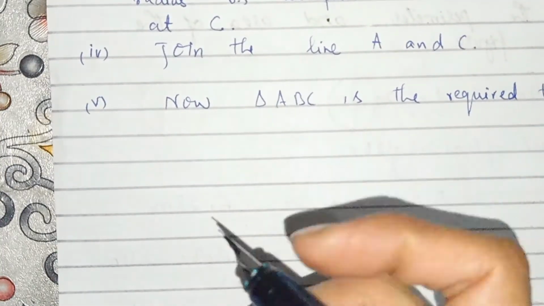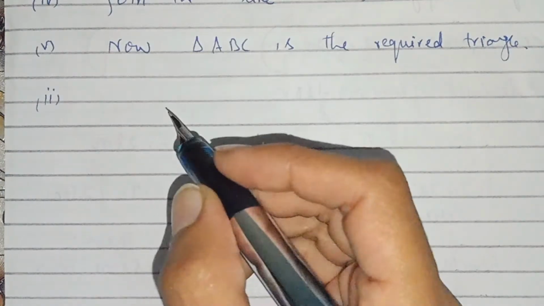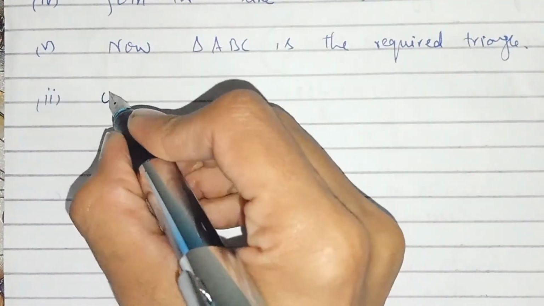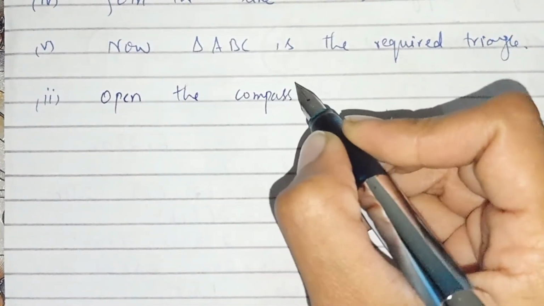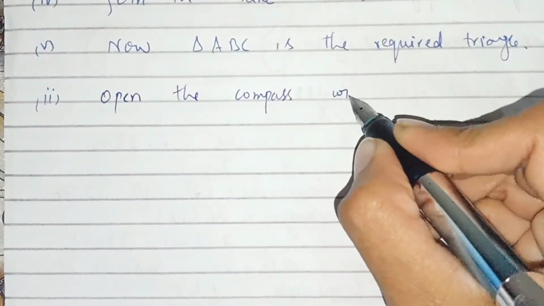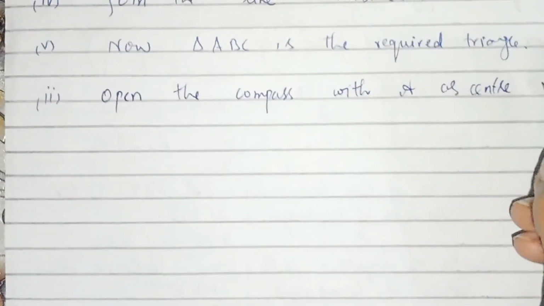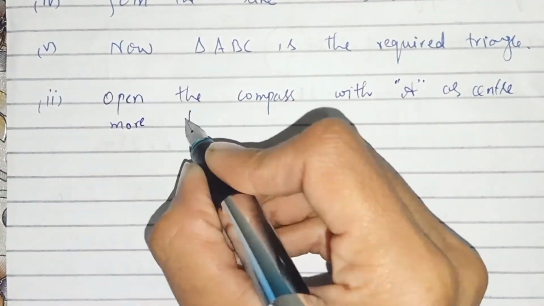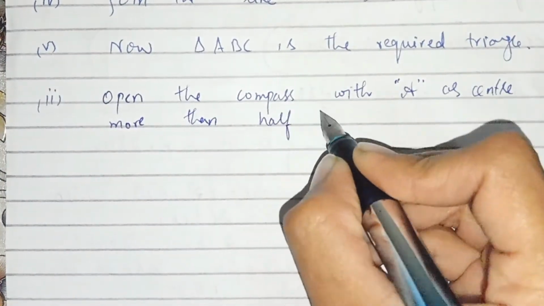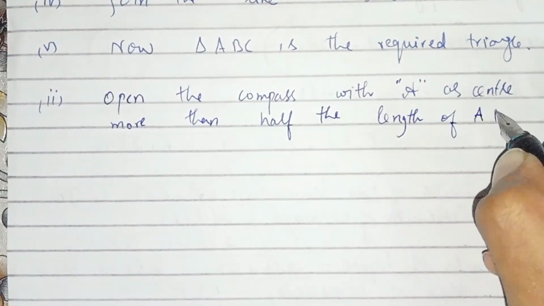draw the perpendicular construction. Now the point of construction for part number 2 is, and we have to write it like that: open the compass with A as center, open more than half the length of AB.